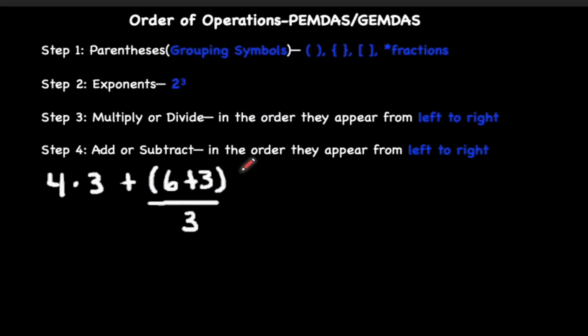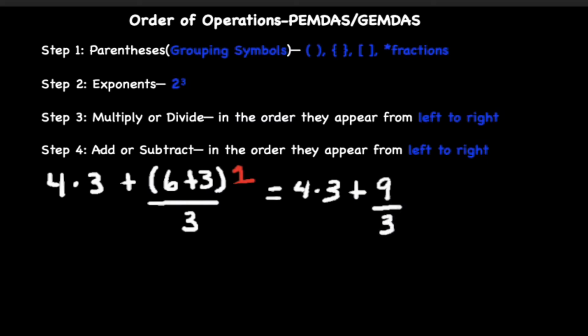So let's do this first. This is our first step. Let's write everything else down. So we have 4 times 3 plus 6 plus 3 is 9, and that's divided by 3.